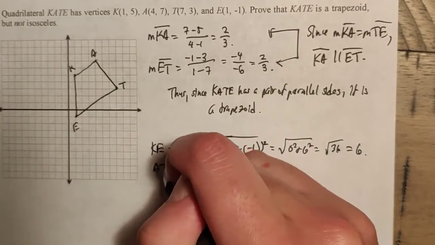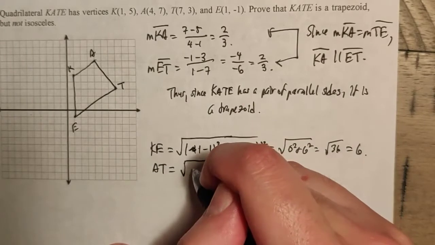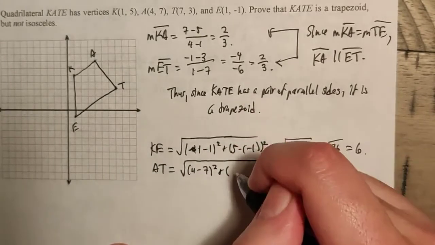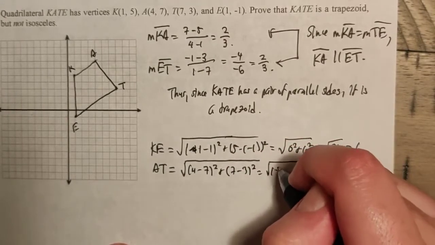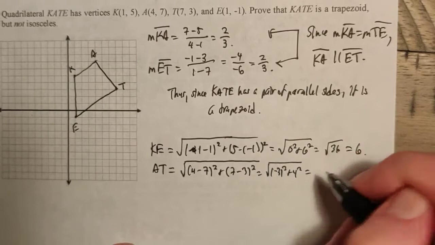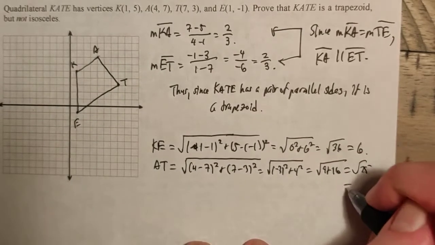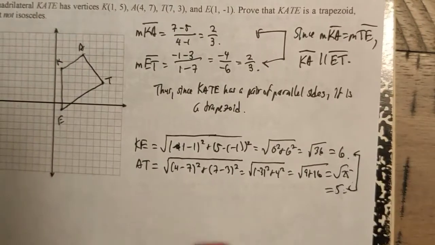And now we can do the same thing for AT here. We note that in this situation, AT is going to be 4 minus 7 all squared plus 7 minus 3 all squared. And that's the square root of negative 3 squared plus 4 squared. And that's the square root of 9 plus 16, which is radical 25, which is 5. And you can see here now, these are not equal, and that's what you wanted to see.